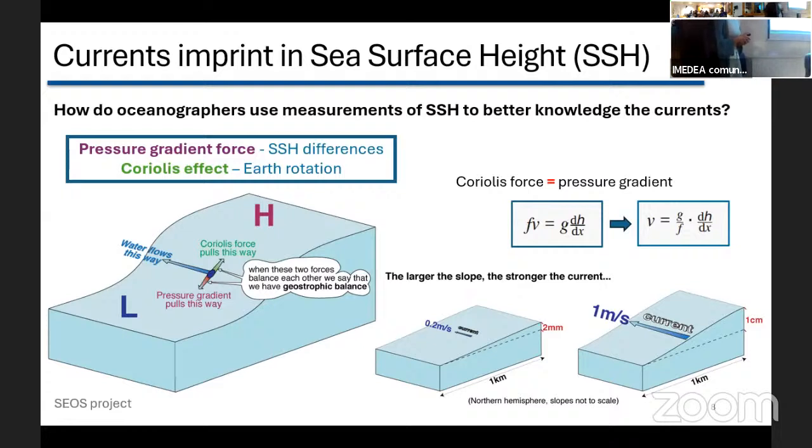So when we assume that we have this balance, we call it the geostrophic balance. And here we can easily isolate the velocity of the current. So with this assumption, the larger the slope between different heights, the stronger the current.